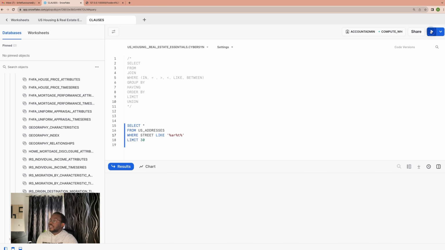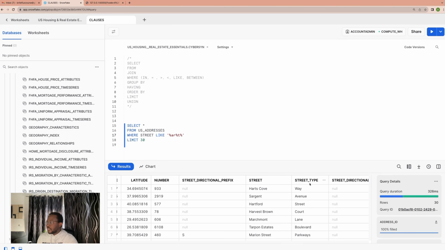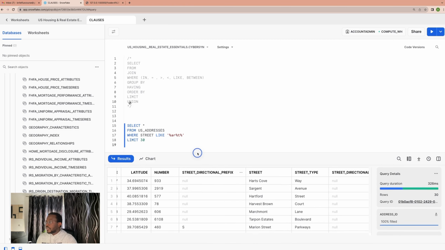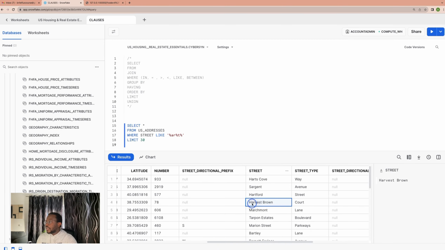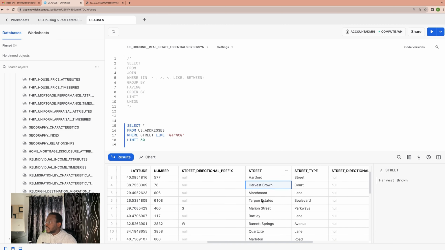When you run this, it finds cases where you have AR in the middle, then anything, which could also be nothing, then a T somewhere, and then possibly some things afterward.